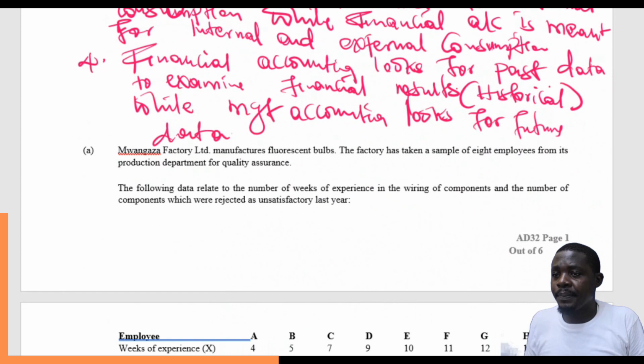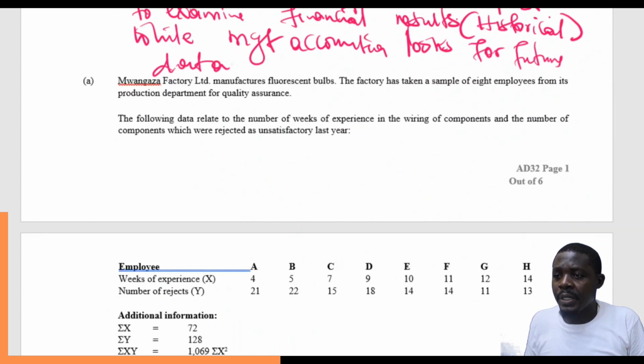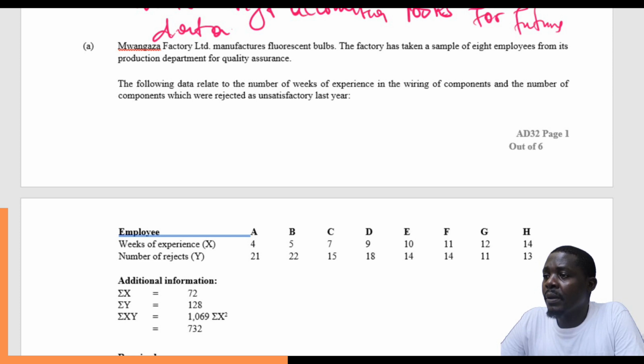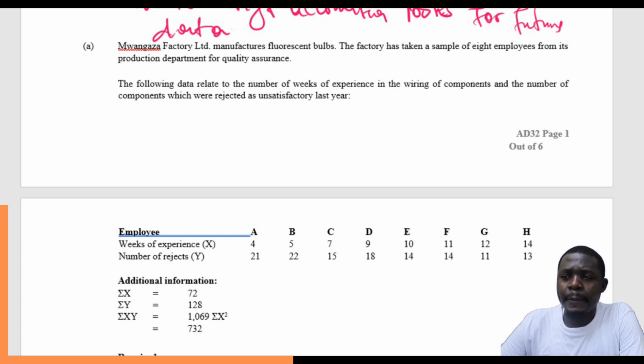Question number B. We are told that Mangasa Factory Limited manufactures fluorescent bulbs. The factory has taken a sample of 8 employees from its production department for quality assurance.